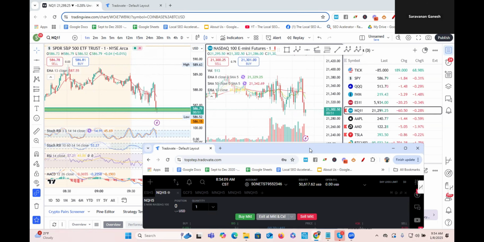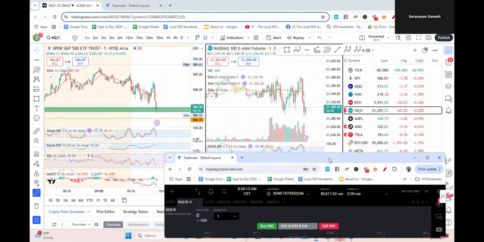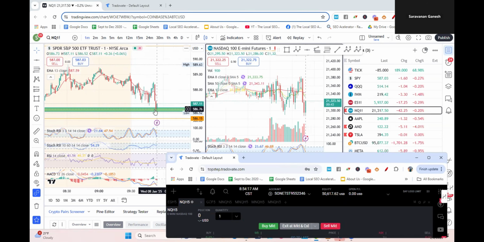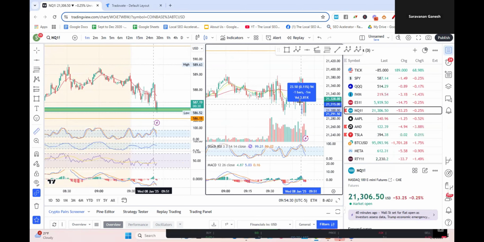Okay. If you really want to wait, you should wait for the right setup because I told you if it hits the previous day low, it's going to hit and go up. So even if you had not taken this and just waited for the previous day low, right? It hit and it just took it from this to here.